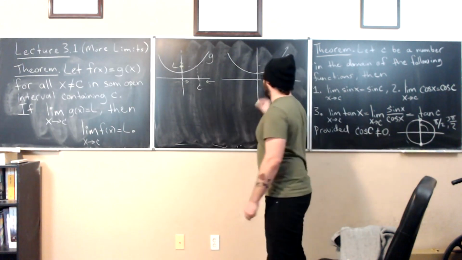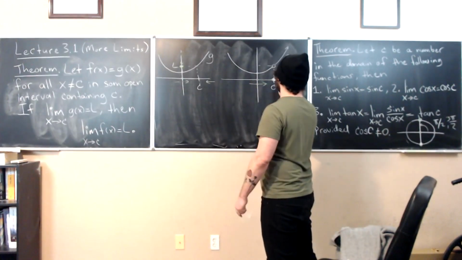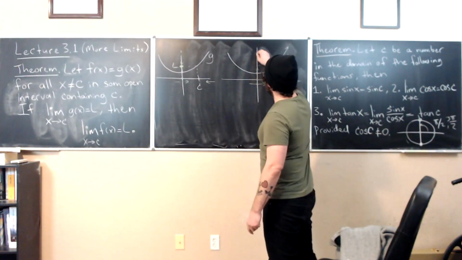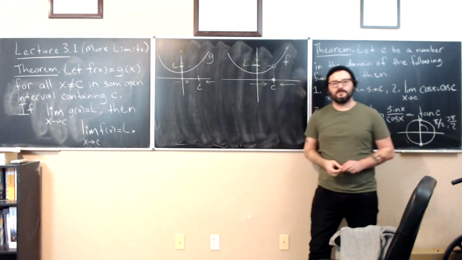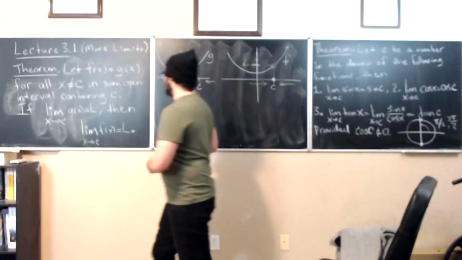As we're approaching c from this side and from this side, f is also going to approach that same number, which means that the limiting value will be the same.